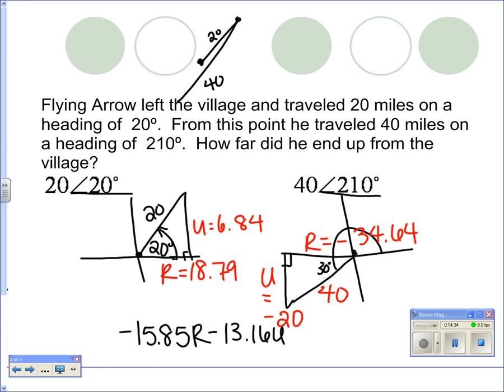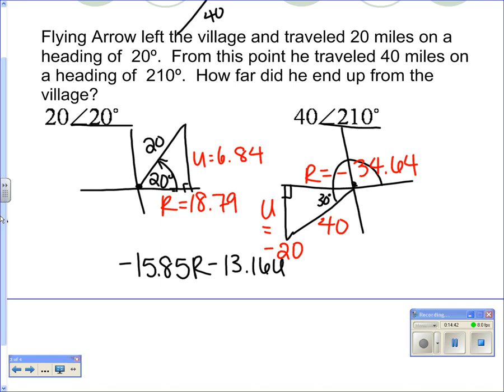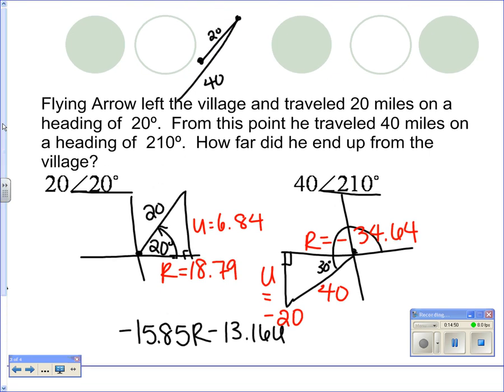Because he only went 20 this way, and then he went 40 down. Does that make sense? And if you look, what does that mean? Left, right, up, down? Left, and then down, right? Is that kind of what my picture looks like? He went left and down from the village? Does that make sense? So that's just a way to check, to see, does my answer look like it's close? Okay.